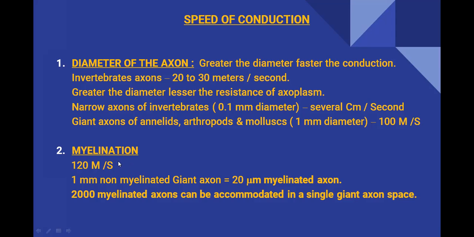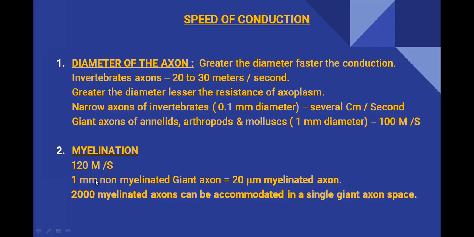Why? Because the myelin sheath helps in saltatory conduction, so myelinated neurons conduct impulses speedily. Usually the speed of conduction in myelinated neurons is around 120 meters per second.